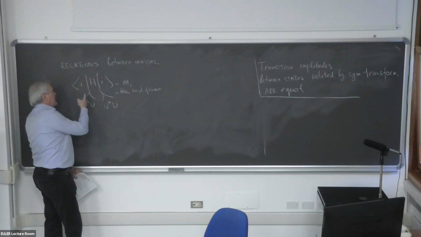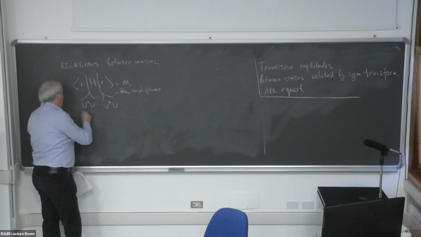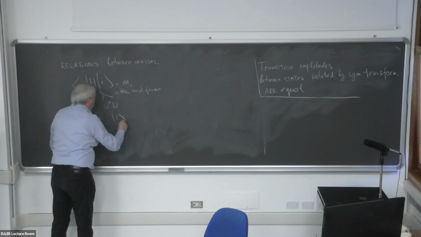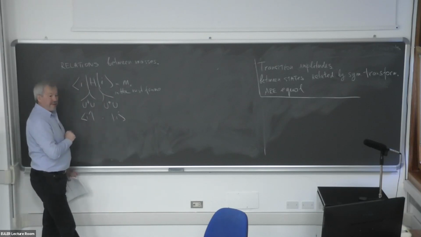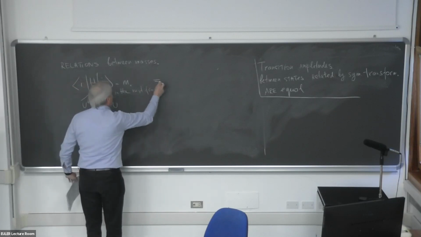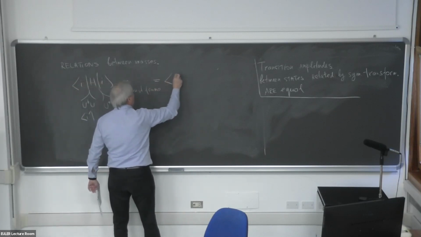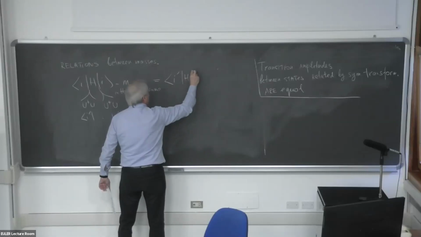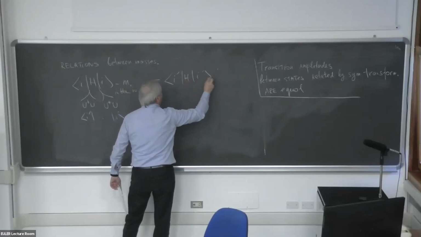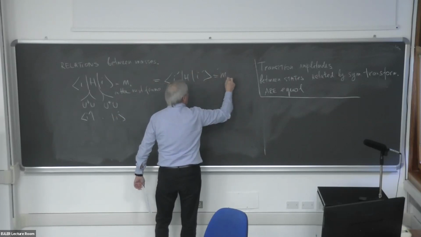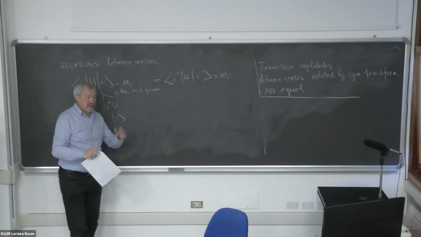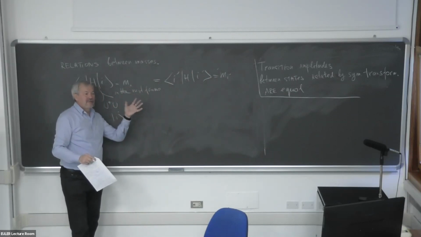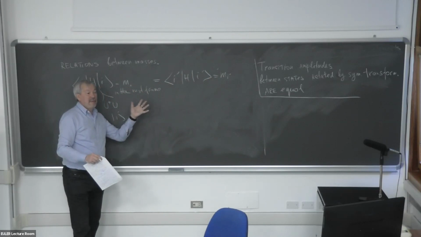Acting on I, we get the state I prime here, and I prime here. Now, if the Hamiltonian is invariant, then we will get I prime H I prime, and this is nothing but the mass of I prime. Therefore, the states which are related by symmetry transformations should have the same masses.